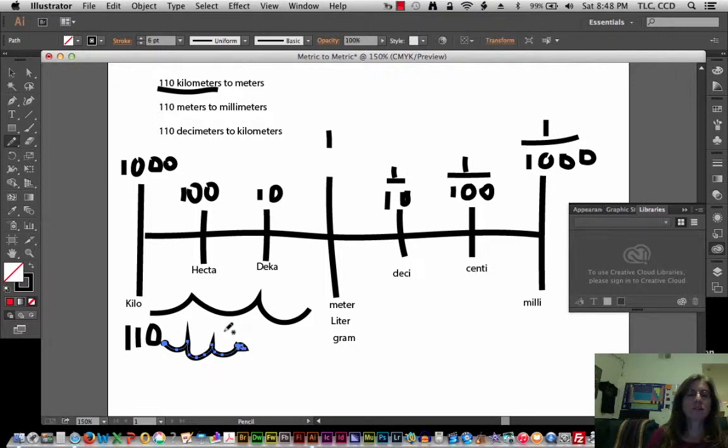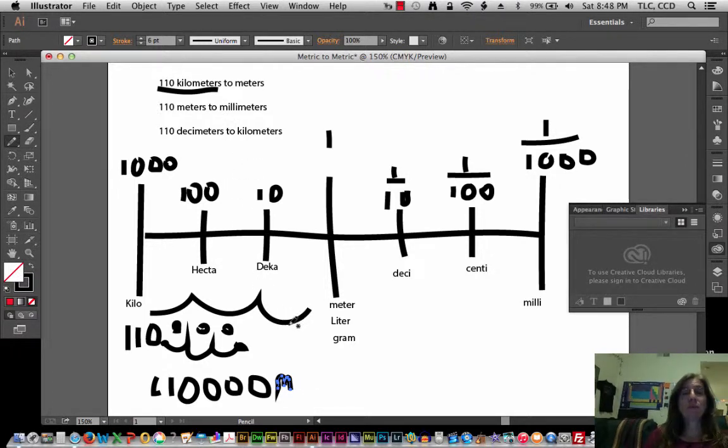But if you write a 0 in each of those spots, and this looks strange, we'll rewrite it, you'll get that there are 110,000 meters in 110 kilometers. Which makes sense because meters are smaller than kilometers.